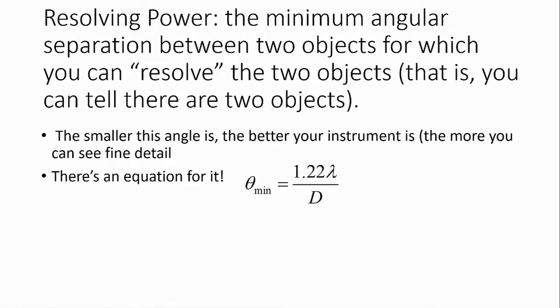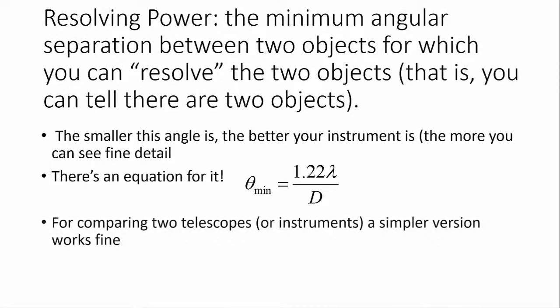The equation looks like this: theta min. Theta is that Greek letter, looks like an oval with a line through the middle of it, and it's commonly used for referring to angles. So I've got theta min on this. It's the minimum angle that you can get. And it's 1.22 times the wavelength of the light divided by the diameter of whatever it is you're using to look at it.